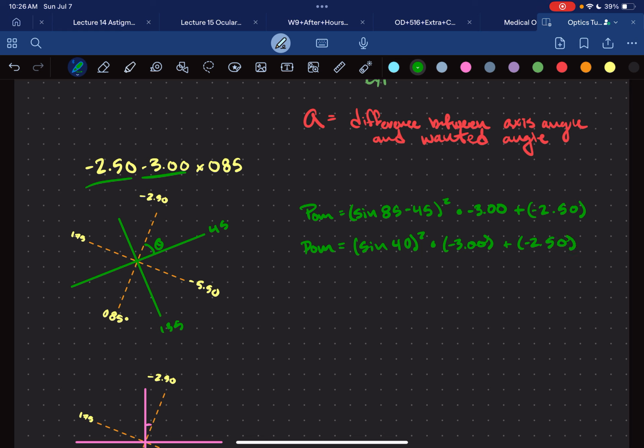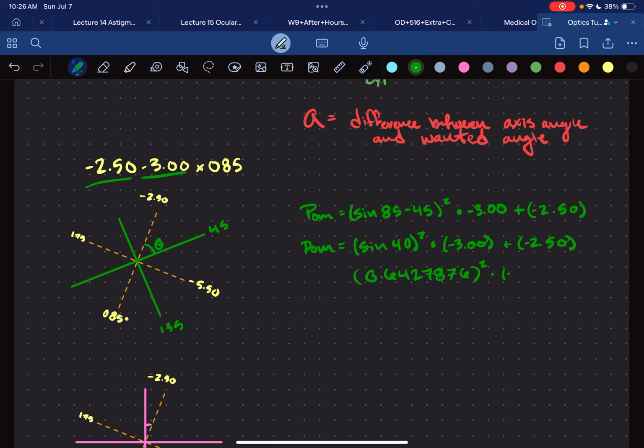I'm going to put that in my calculator. I'm going to find the sine of 40, and I get 0.64278, and so on and so forth.